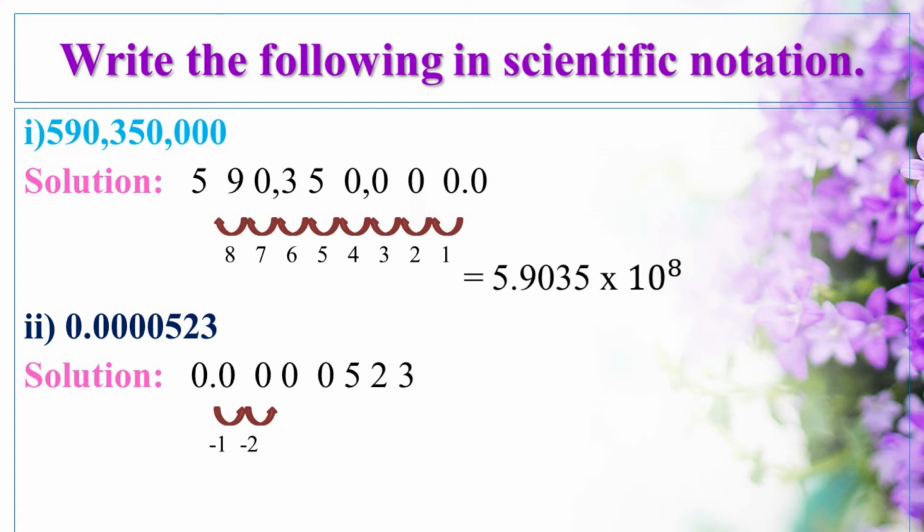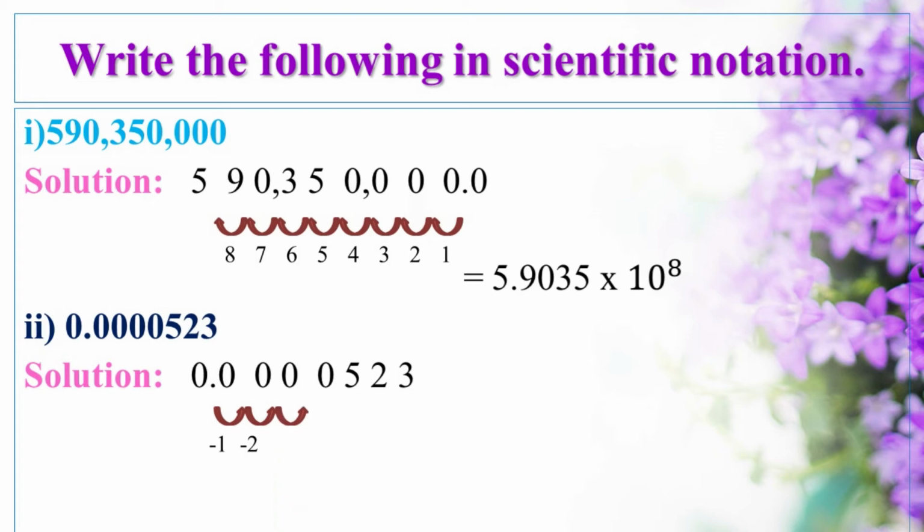Why is the power negative? Whenever we are moving from left side to right side, the power will be negative. As you have studied in your lower classes, the numbers after the decimal are 1/10, 1/100 and 1/1000. Therefore, the power will be negative.